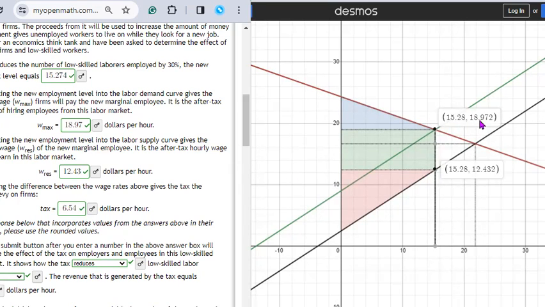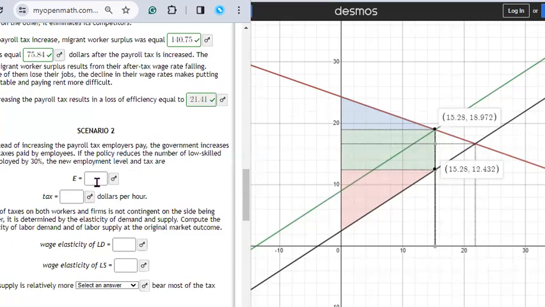And the difference between this maximum wage firms are willing to pay this now more scarce number of employees and the reservation wage of the last employee hired after the tax is imposed, that difference is still 6.54, right?